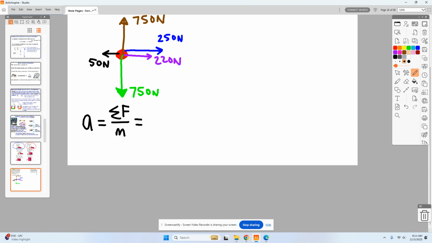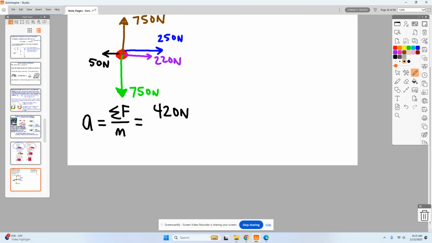But horizontally there's an unbalanced force towards the right. What is that value? 250 plus 220 minus 50, is it 420 newtons? Okay, so the numerator is 420 newtons. That's unbalanced towards the right.